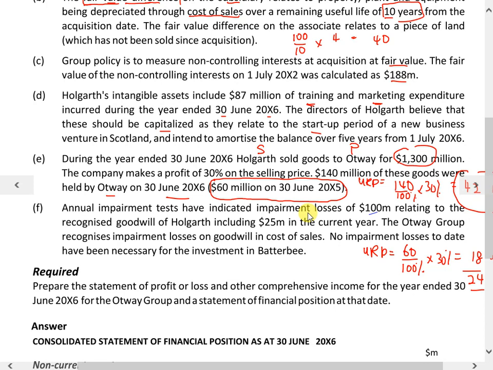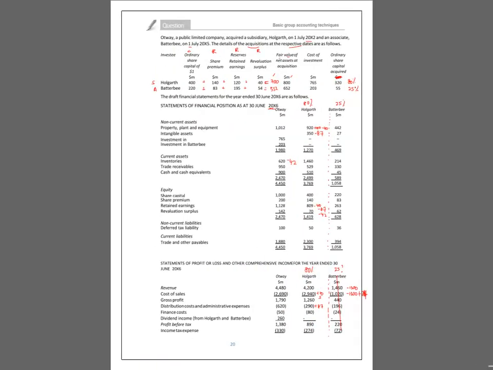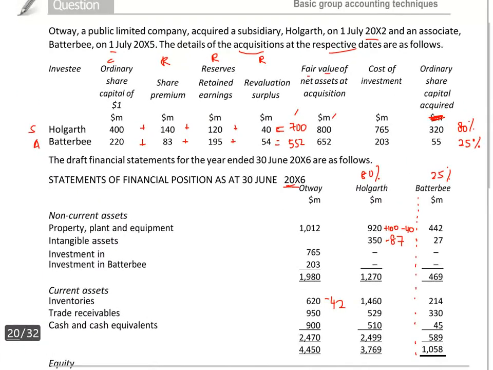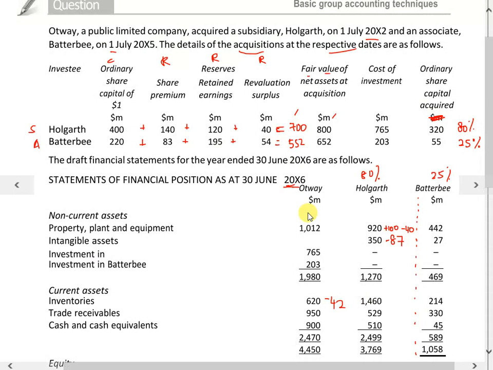So, goodwill, we're going to calculate goodwill first. How much is my goodwill? Start with consideration transferred. How much is my consideration transferred for the subsidiary? 765.